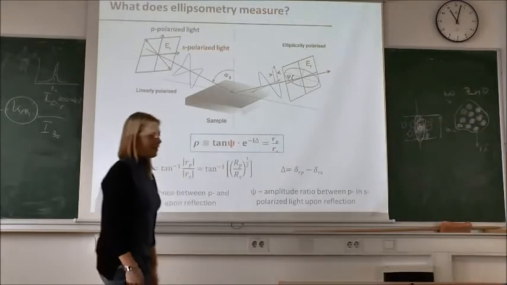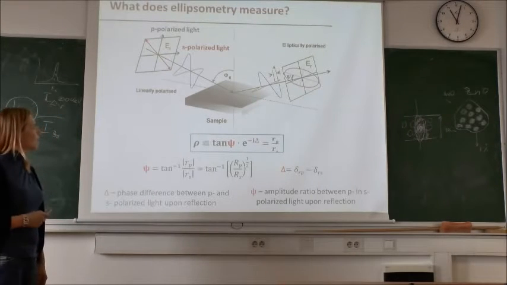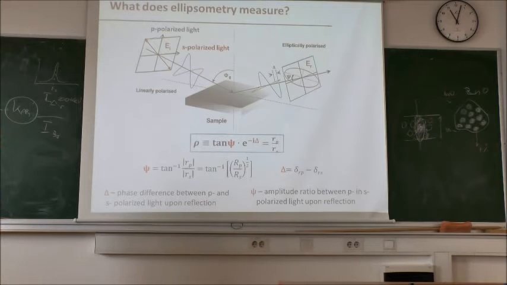So, what does ellipsometry measure? The concept of this technique is characterization of thin films and bulk materials by using polarized light. The name of this technique comes from the fact that light that is reflected at an angle from a surface usually has elliptical polarization.